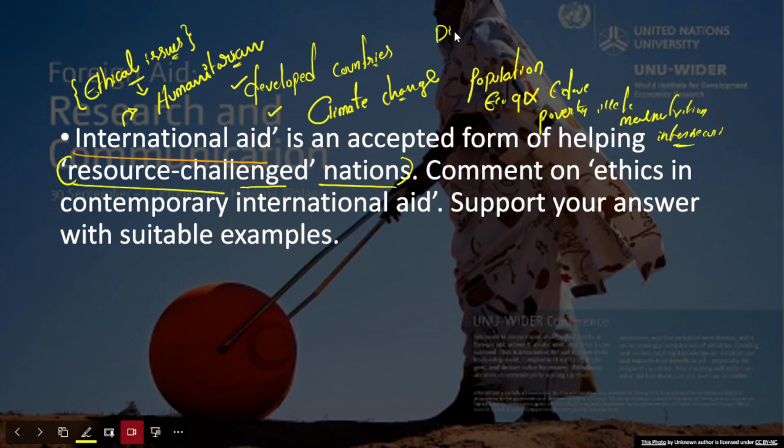So, along with the disasters, these resource challenged nations have also been facing several problems.